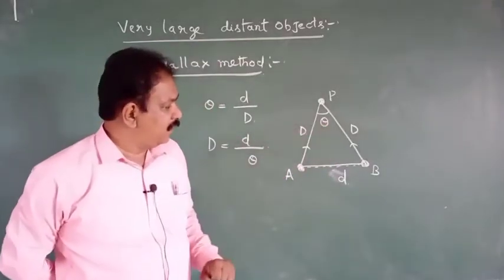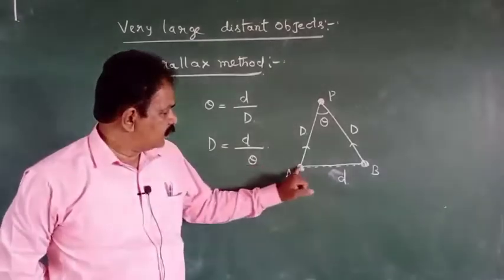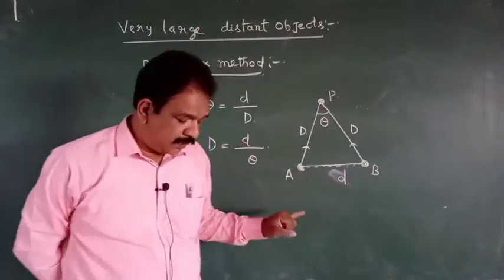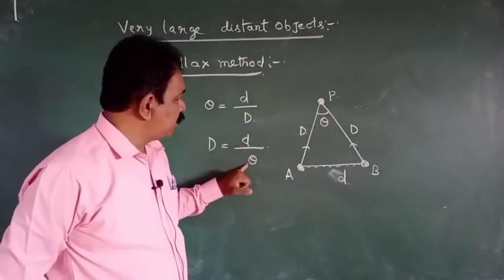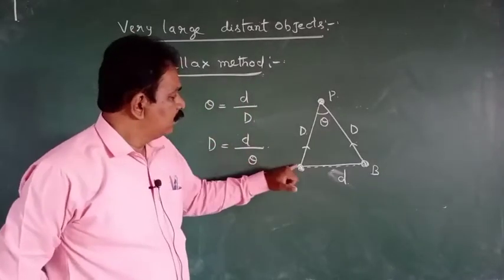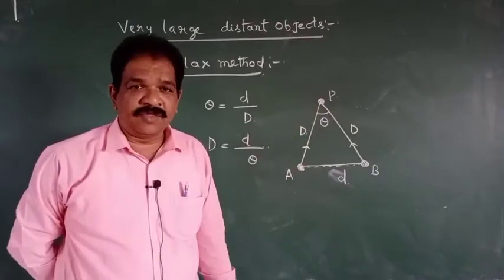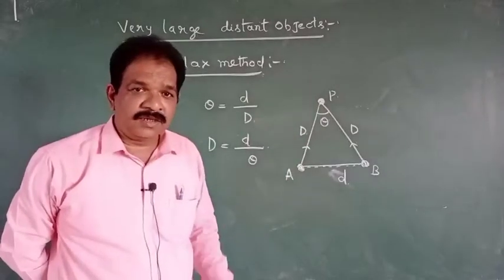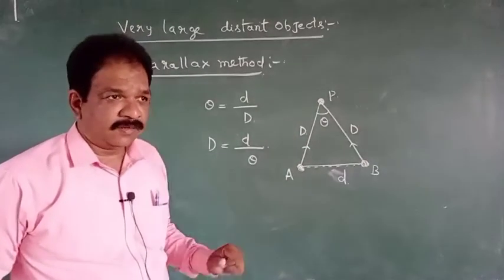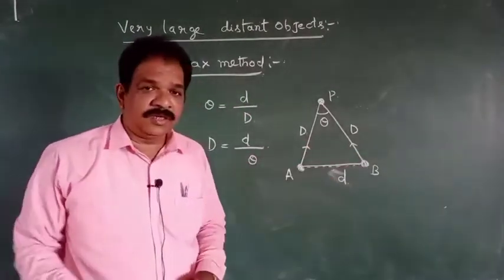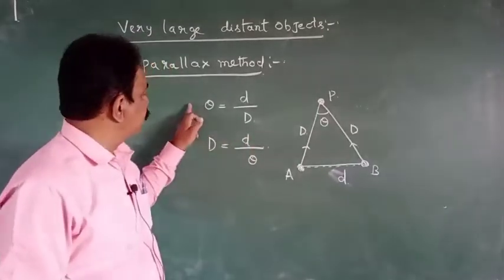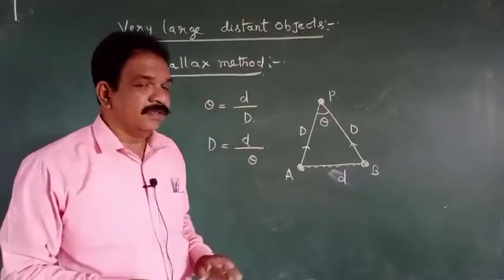This theta value we can measure using the readings of the telescope, and the d value is already known. By substituting these two values, we can measure the distance of the planet from the earth. The point is clear? Distance of a particular planet from earth we can calculate using the parallax method.